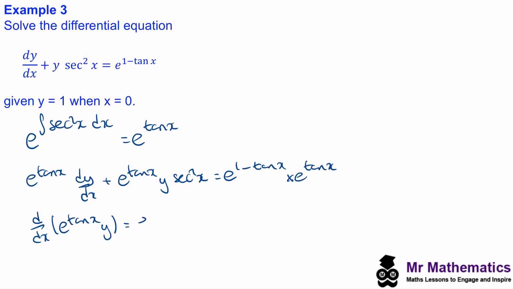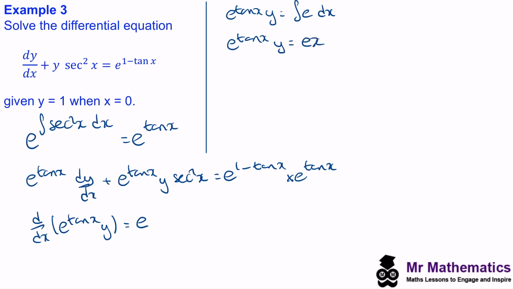So this just leaves us with e. We'll integrate both sides. So we get e to the tan x y is equal to the integral of e with respect to x. So e to the tan x times y is equal to ex plus the constant.